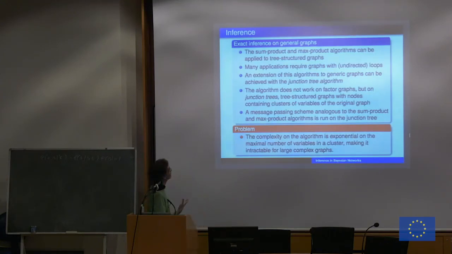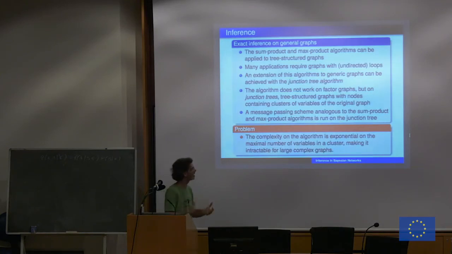So they can be applied on these junction trees. But the problem is that each node has not one variable, it has a cluster of variables. So locally there, you have to consider all configurations for those variables. So if you end up having a big cluster, you are still in trouble because the complexity grows with the size of the largest cluster in the junction tree. And for arbitrary networks, this is still exponential.